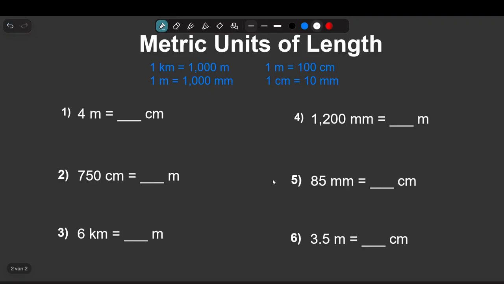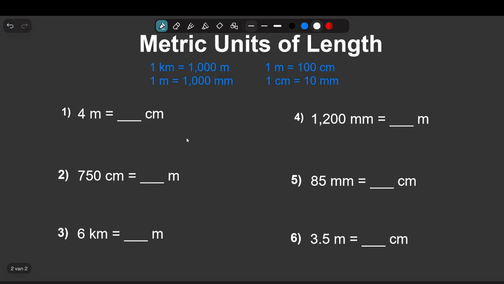So now we know a bit about metric units of length. Let's get into some conversions, and let's get into number one, where we have 4 meters equals blank centimeters. So we have to figure out how many centimeters will create 4 meters. As you can see right here, I have put some of the base things you need to know about converting metric units.